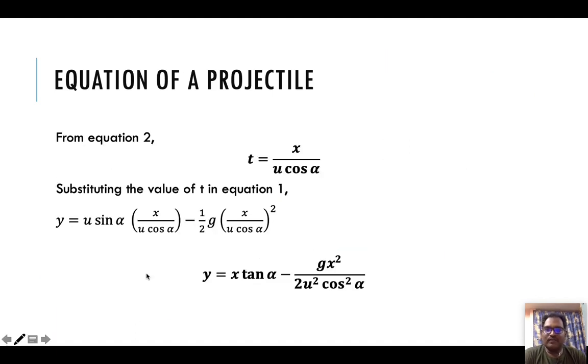Once the t has been found out, we can substitute it back in the equation, and this is what you're going to get. Finally, you can just simplify it and then you can get the equation. So this is your y component that is present, right? Or basically the distance traveled in the y direction.